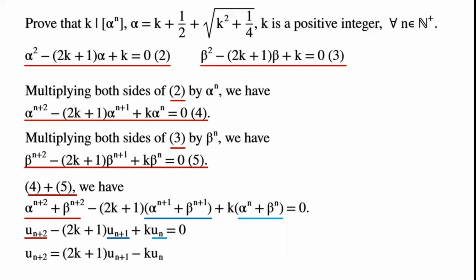By rearranging the equation, we have un plus 2 equals 2k plus 1 times un plus 1 minus k un (equation 6). Un plus 2 can be written as k times 2un plus 1 minus un plus 1.